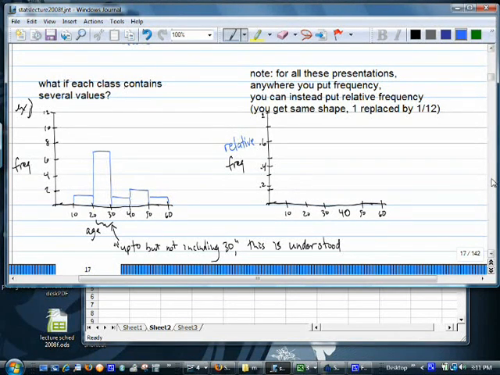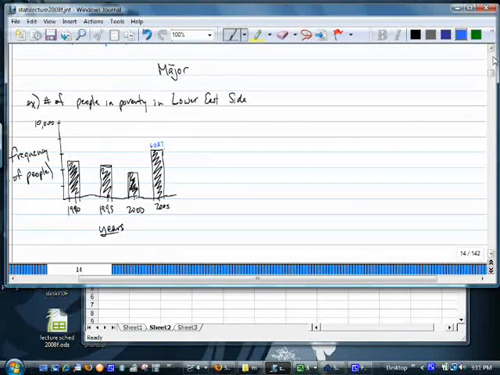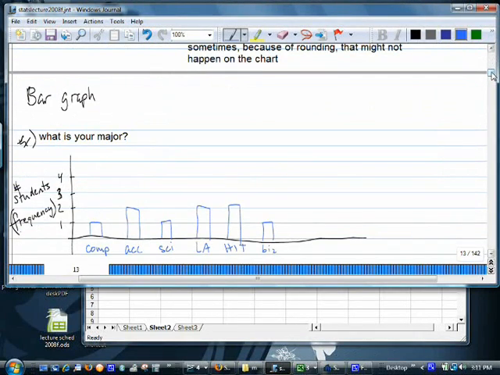Does it make sense to say the same thing about what your major is? Can you say that as soon as you're a little bit past computers, you're in accounting? No. That doesn't make any sense. So these groups are separate. That's why on the picture the columns are separated, whereas for quantitative data they're next to each other because it's all connected.